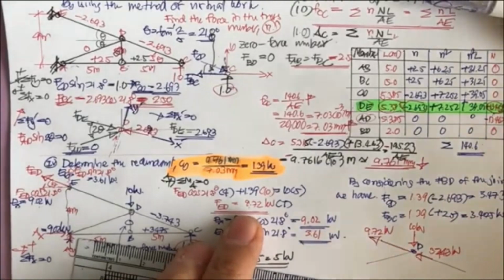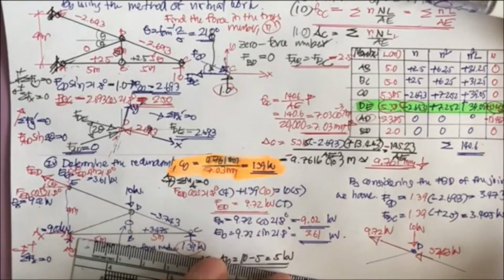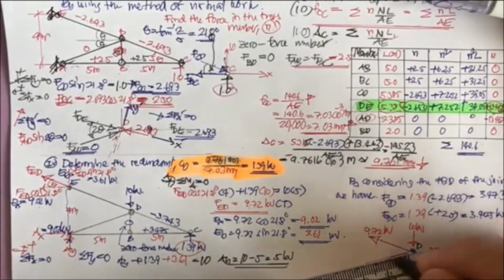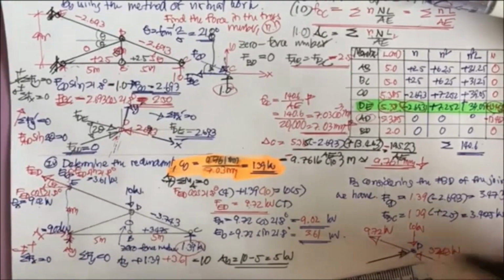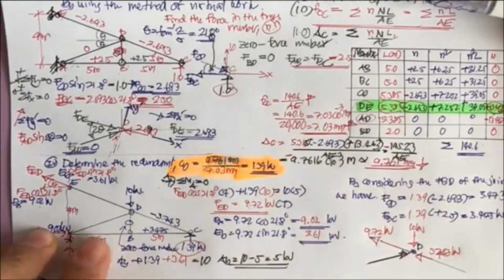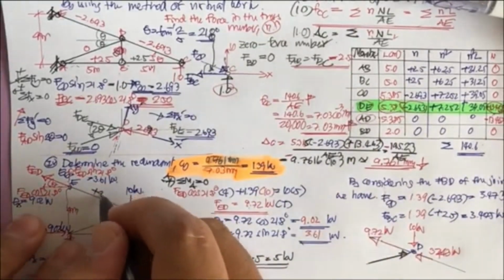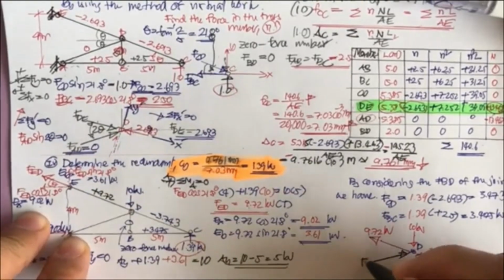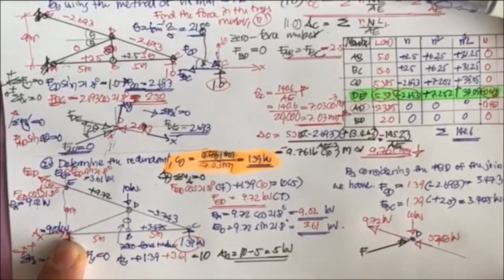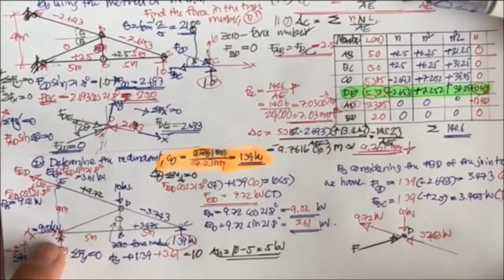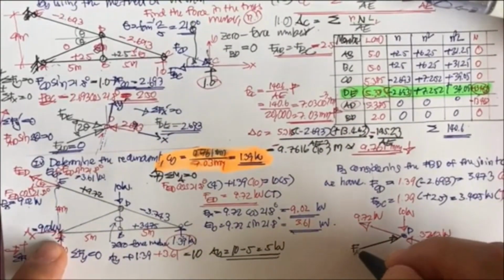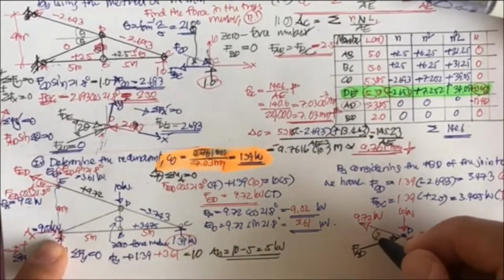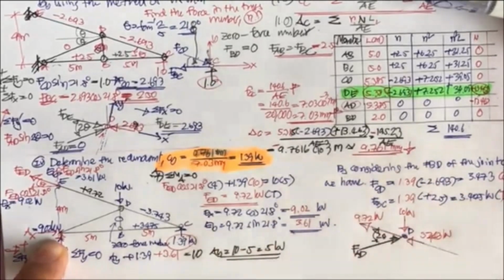So the only one that we are going to determine is F sub AD. This one is plus 9.72, and you have this one for F sub AD, and this is going to be 2 times 1.8. You know that.